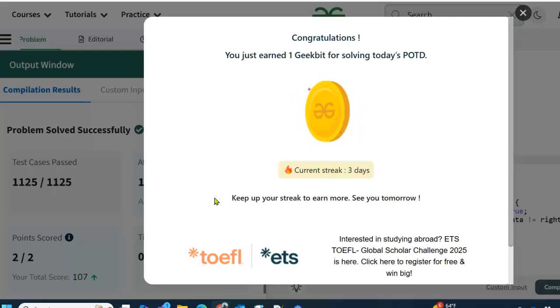I don't know what the exchange rate for geek bits is, but anyway, that was a pretty easy problem. It's a recursive tree problem.